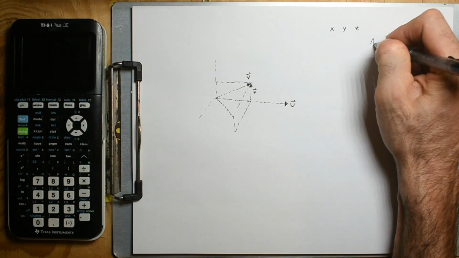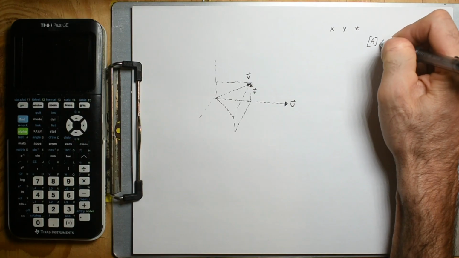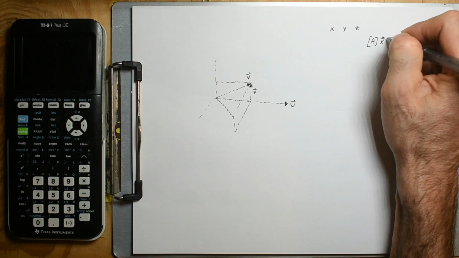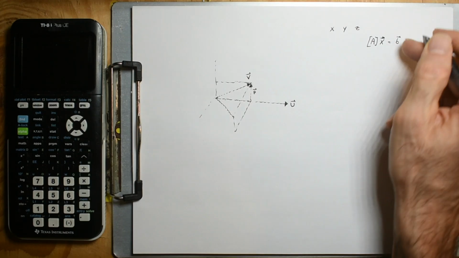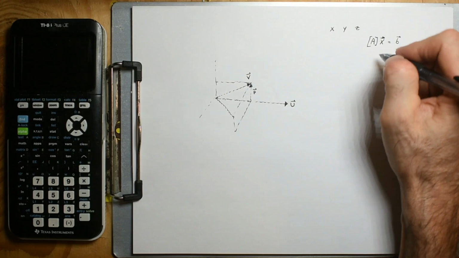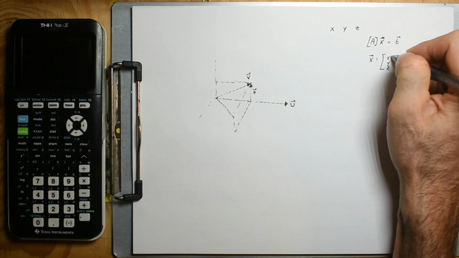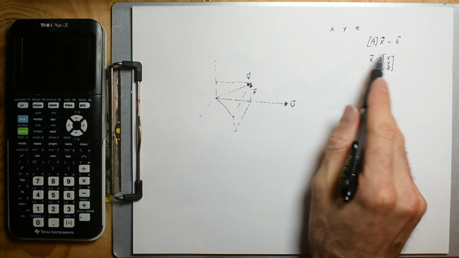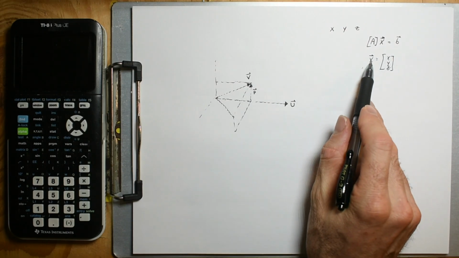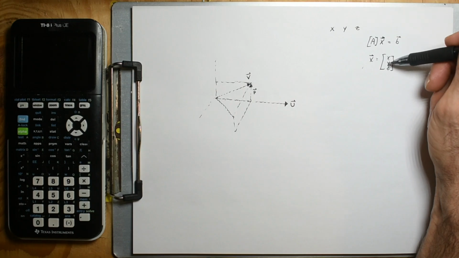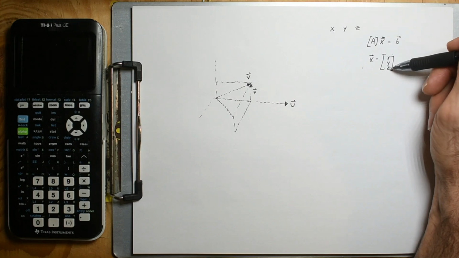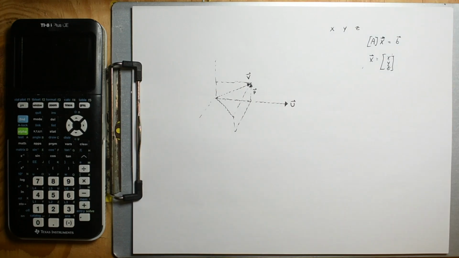You would have matrix A multiplied by vector x is equal to solution vector b, but this vector x was going to be x, y, z. And so that's what got me. These were the values that you were used to, the x, y, z direction.